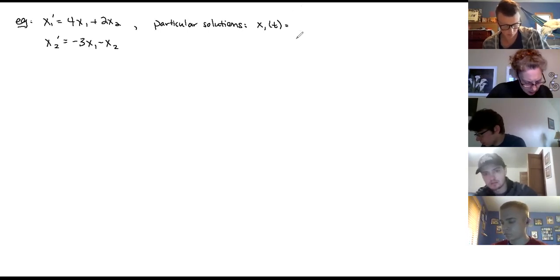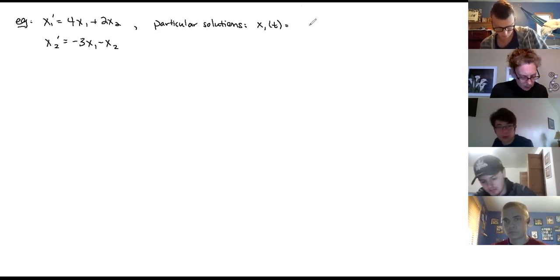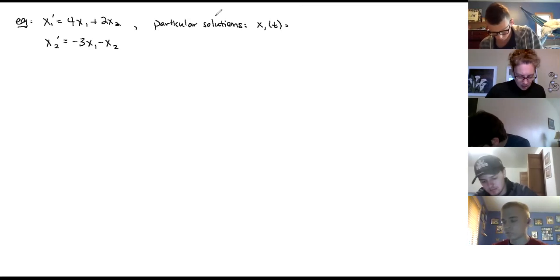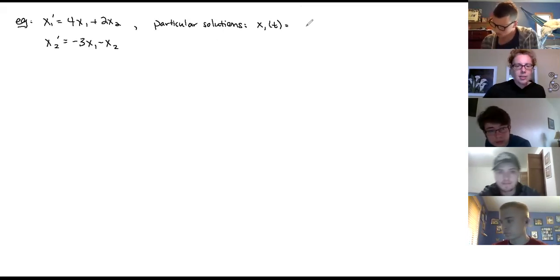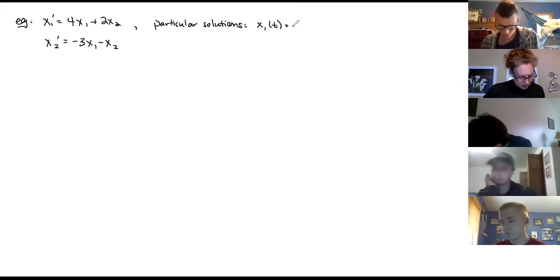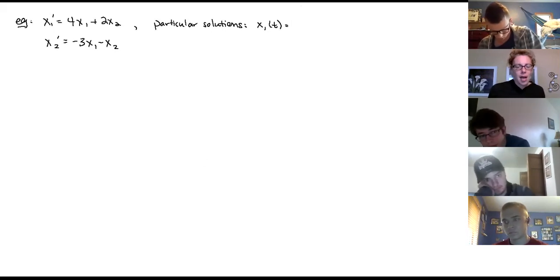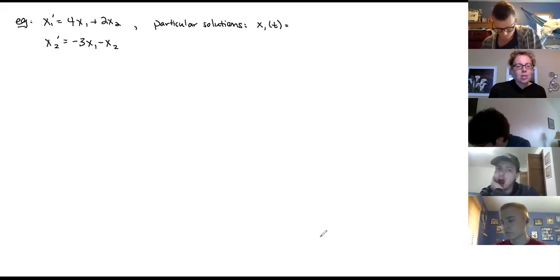Sorry, hang on. So x1 equals, we're going to write this in column form. So solutions to this are going to look like two functions, yes? Solutions to this are going to look like two functions.